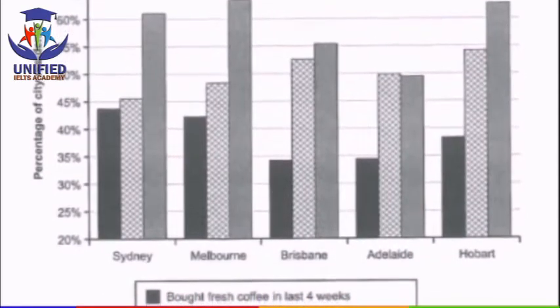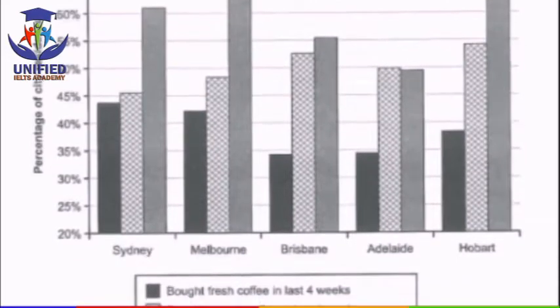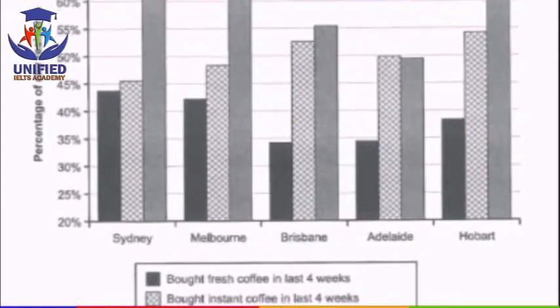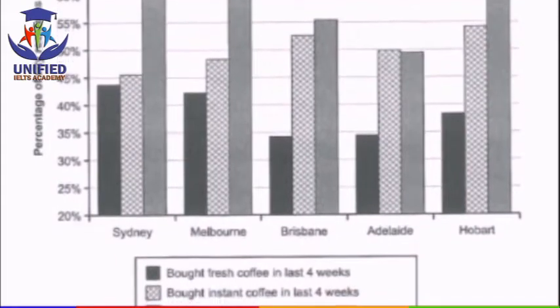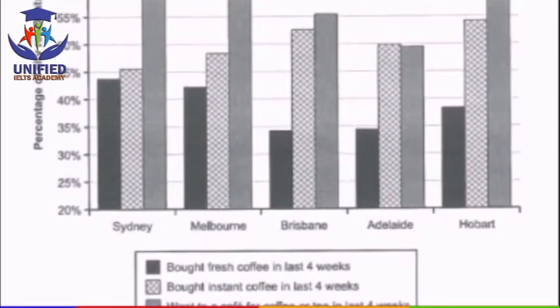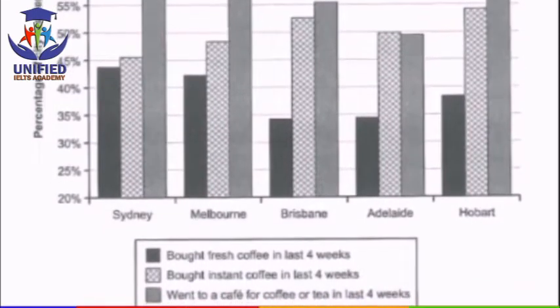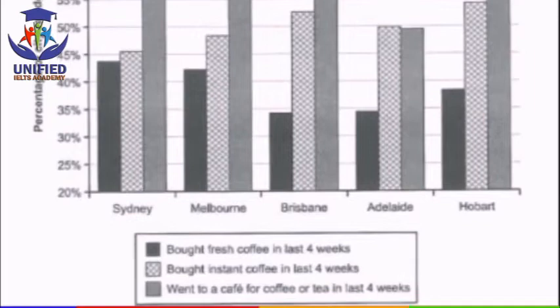You have actually given an indication showing the highest. While you may decide to also say, in the same overview, while you look at the lowest again, you have looked at the highest, then you're looking at the lowest again.